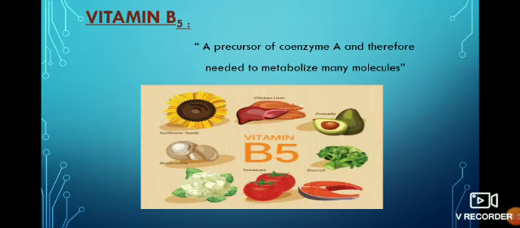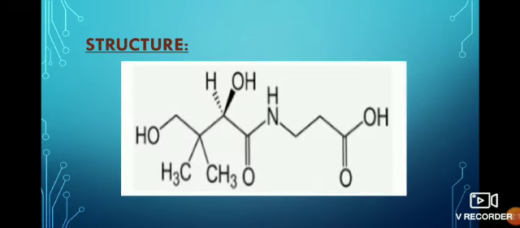Vitamin B5, which is also pantothenic acid, is a precursor of coenzyme A and therefore needed to metabolize many molecules. Now the B5 sources: sunflower seed, chicken liver, mushrooms, tomatoes, etc. Here is the structure in the picture.